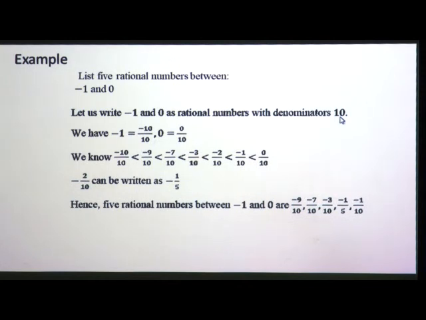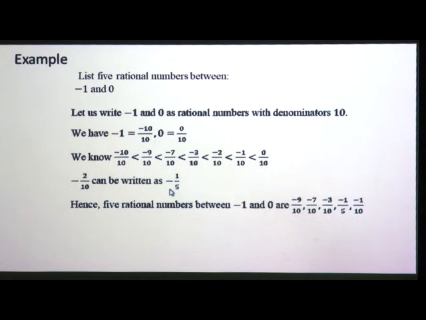You can go for the denominator as 6. Here it is -2 upon 10. When we reduce it, 2 ones are 2, 2 fives are 10. So, -2 upon 10 can be written as -1 upon 5.